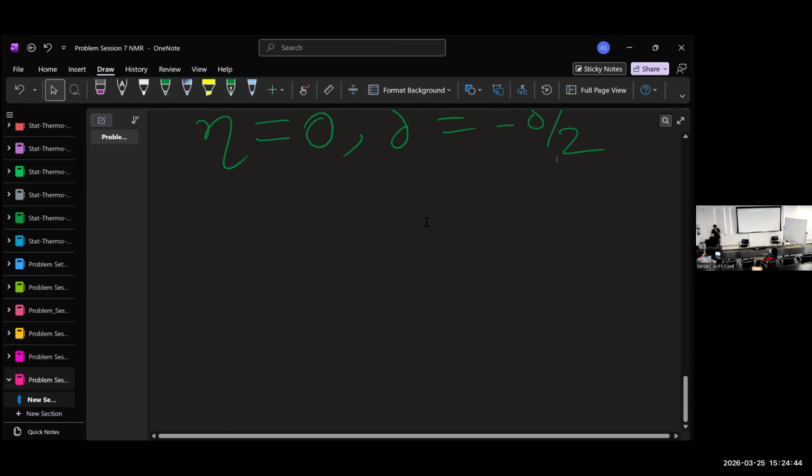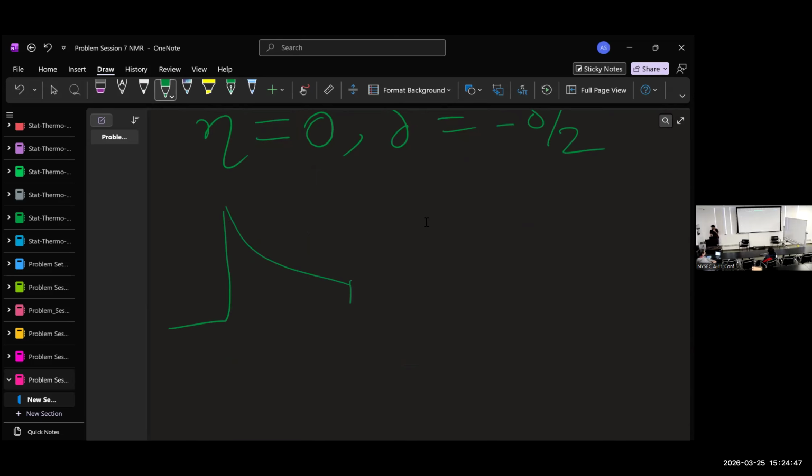So if you were to take a spectrum, this is what, let's say, the static case looks like.